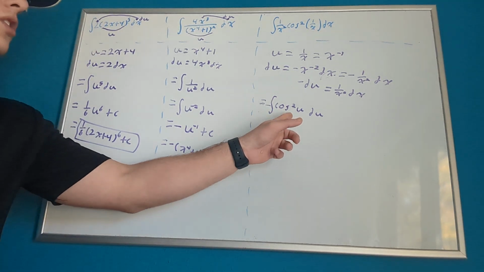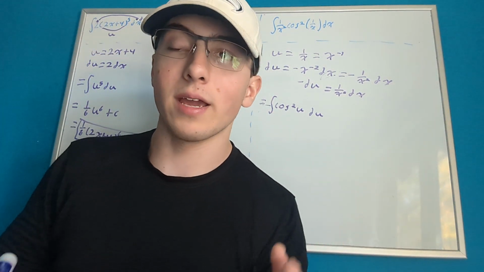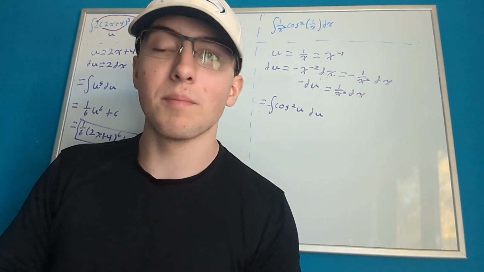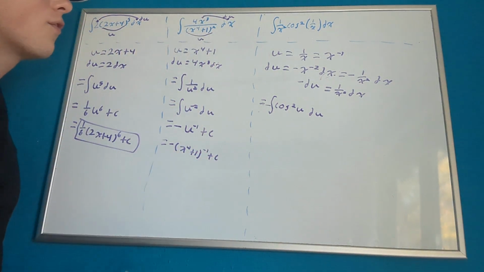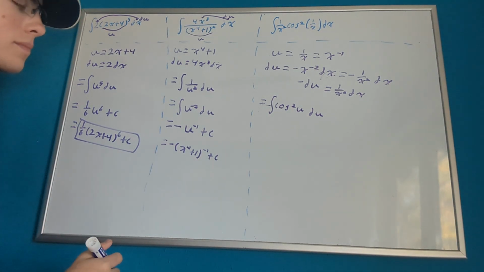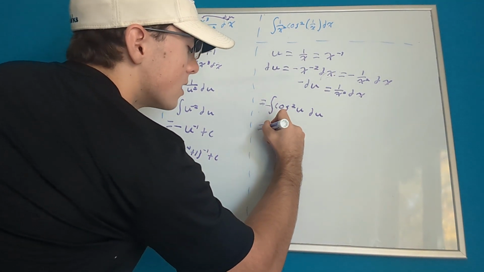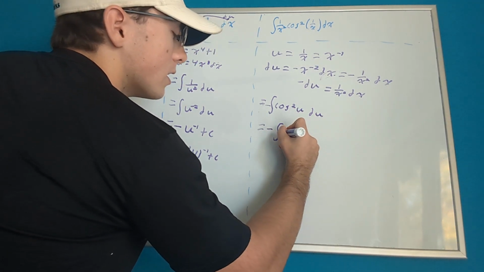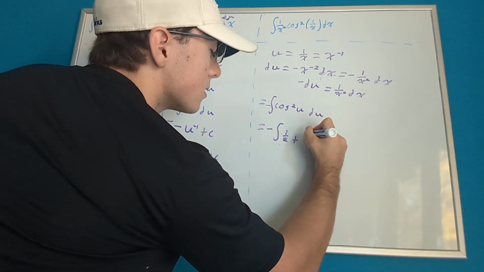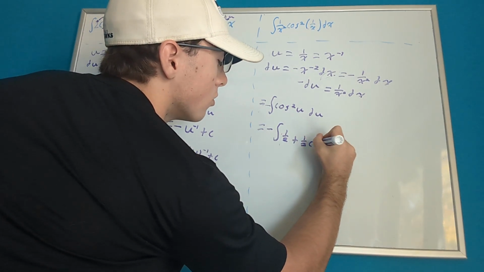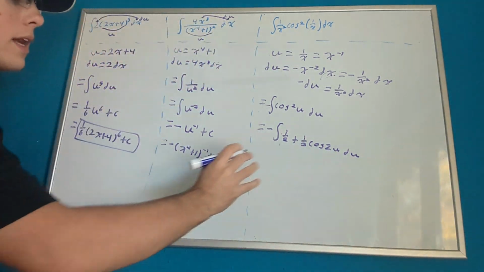Now, cosine squared u, we don't have like a formula for that, okay? Maybe you have it somewhere written down, but I don't, all right? So there is an identity for this to make it a lot simpler. Cosine squared u, we can say this equals 1/2 plus 1/2 cosine 2u du, right? That's what we have now.